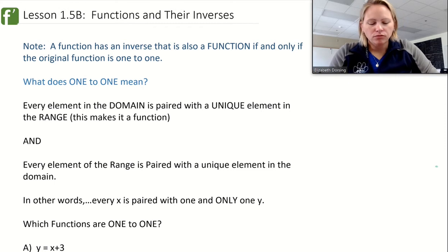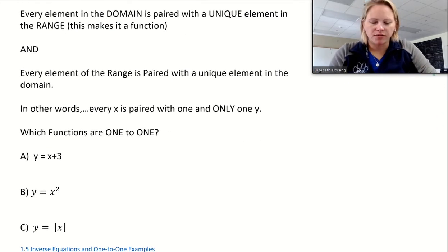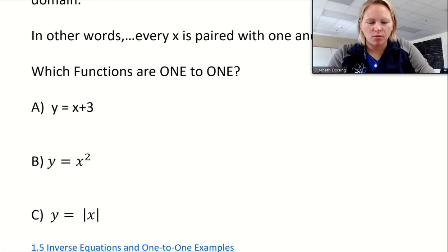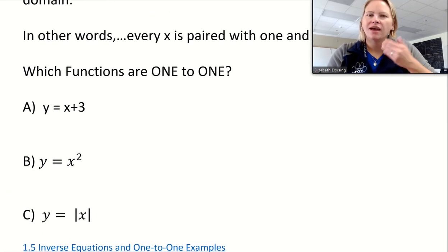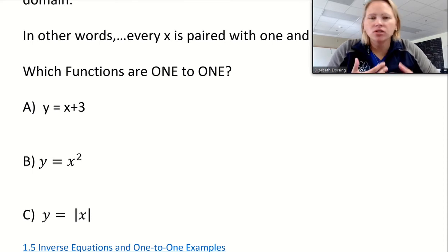So how do we tell if a function is one-to-one? Here's a couple of examples that we're going to start out by exploring, and we're going to think about these analytically. If I plug in the number 1 in question A, I'm only going to get the answer 4 back.